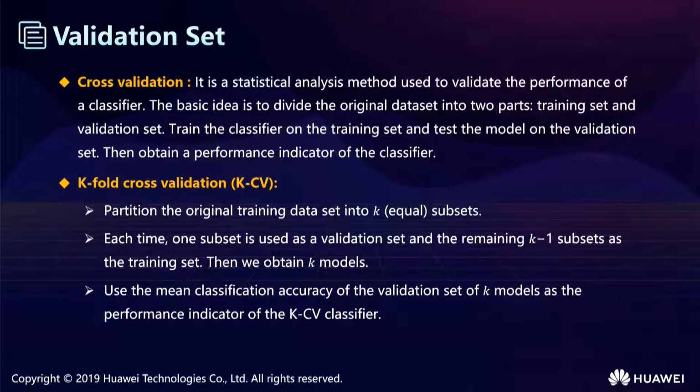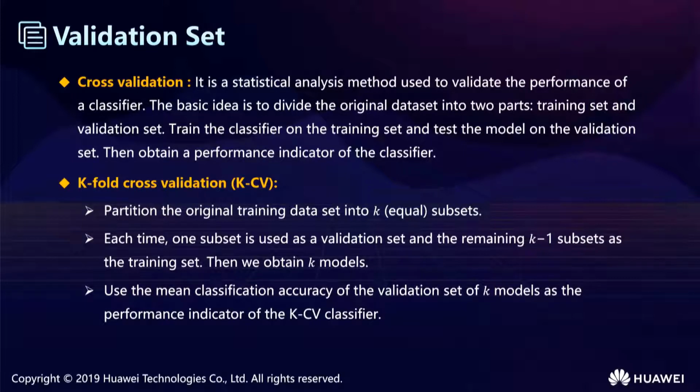It is a statistical analysis method used to validate the performance of a classifier. The basic idea is to divide the original dataset into two parts, the training set and the validation set, train the classifier on the training set, and test the model on the validation set. Then obtain the performance indicators of the classifier.